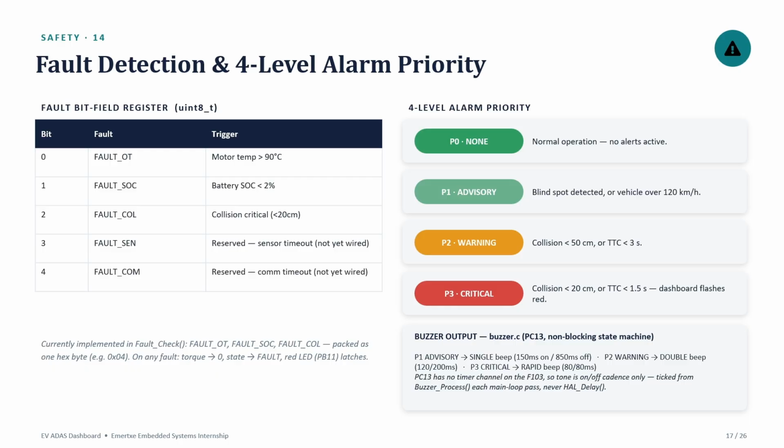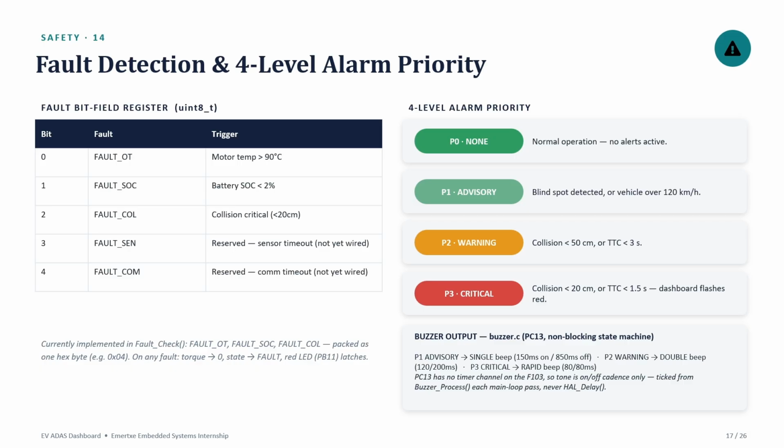Second, we have fault SOC, which gives a warning about the low battery state. The collision warning gives an idea that a front collision is about to happen. Others are reserved, like sensor timeout or fault com, which can be implemented for future use and are also used in actual cars.